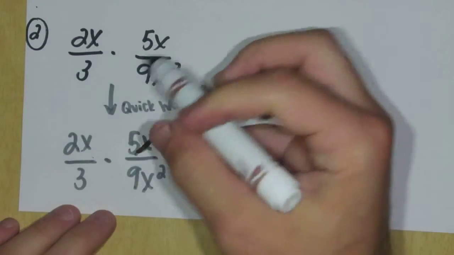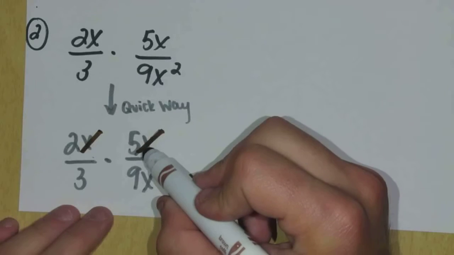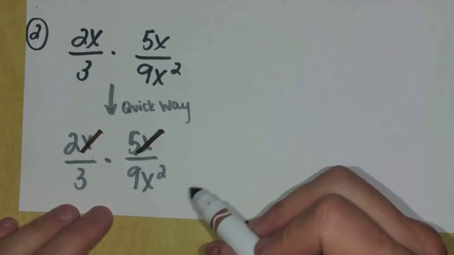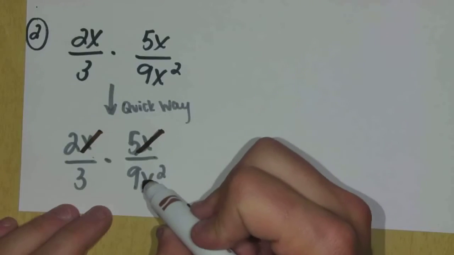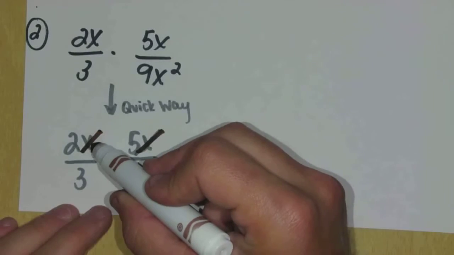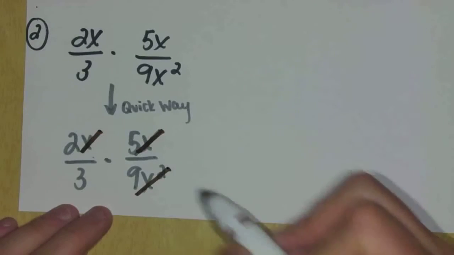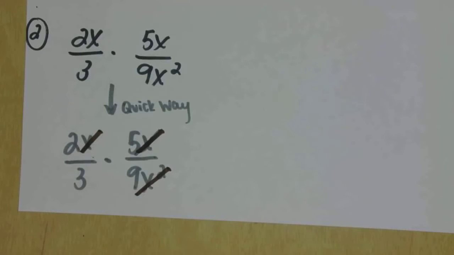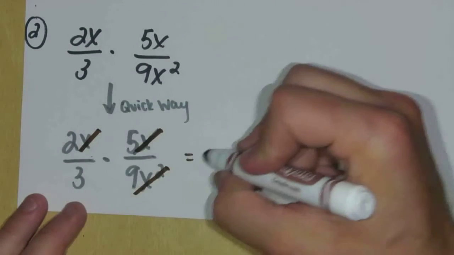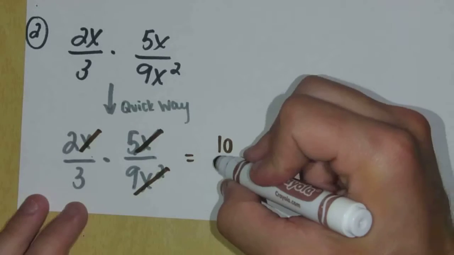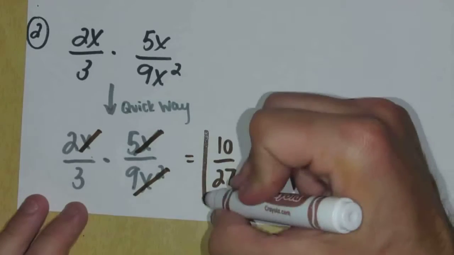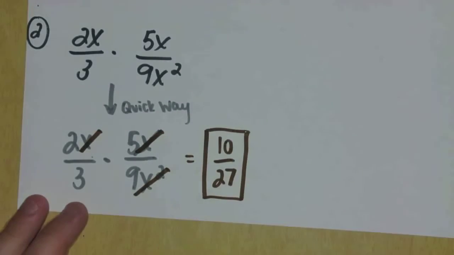This x and this x, there's 2 x's in the top, also known as x squared, and I have an x squared in the denominator, so factors in the numerator can cancel with factors in the denominator. Essentially all of my x's canceled out. And now I'm just multiplying numbers. 2 times 5, well that's 10, and 3 times 9 is 27, and so my final answer is 10 over 27.